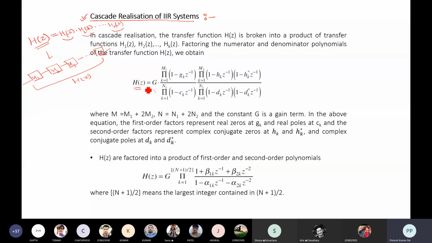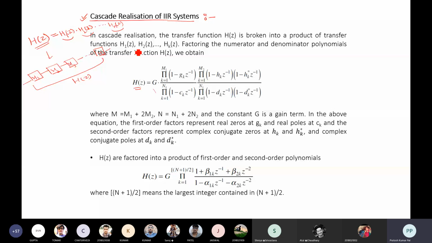Here the mathematical expression is that H(z) can have different transfer functions, H1, H2, H3. Suppose H1, H2, H3 are in the numerator. It is broken into two parts. One has only real solutions.